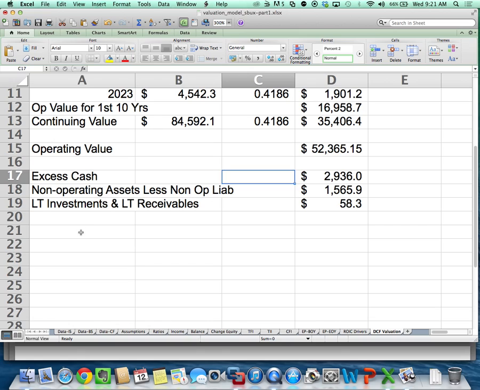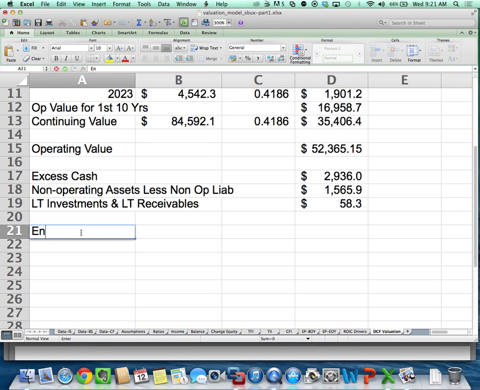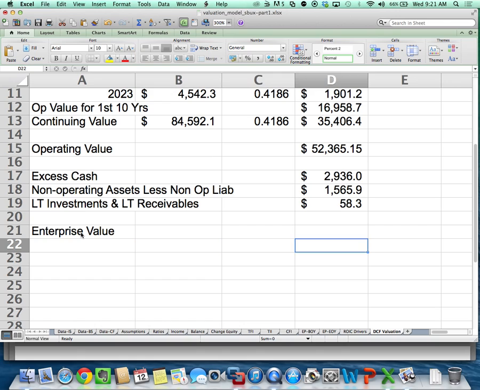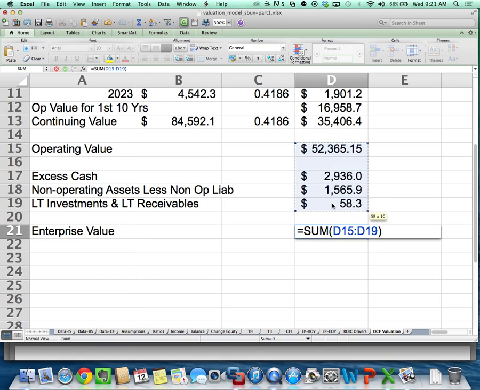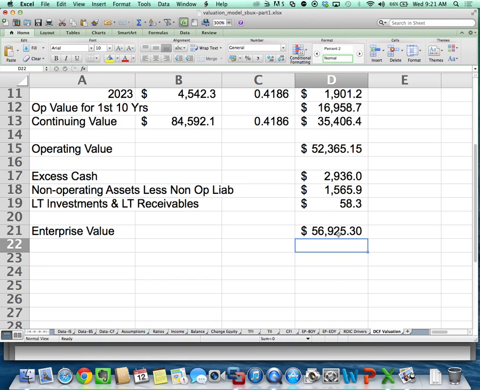So that if I take my ones and my twos, I get my enterprise value. My enterprise value is the operating value and the non-operating value. And that would be my enterprise value forecast for Starbucks.